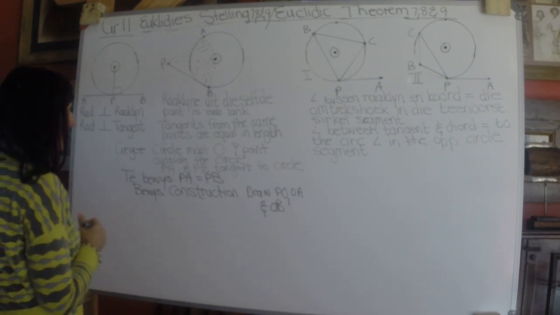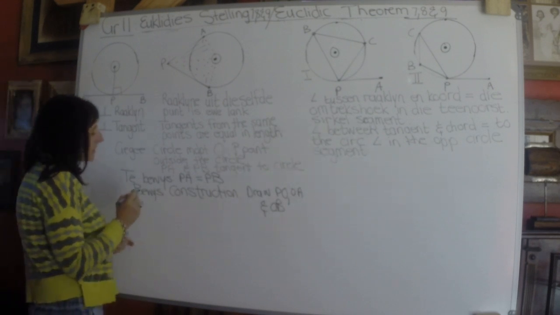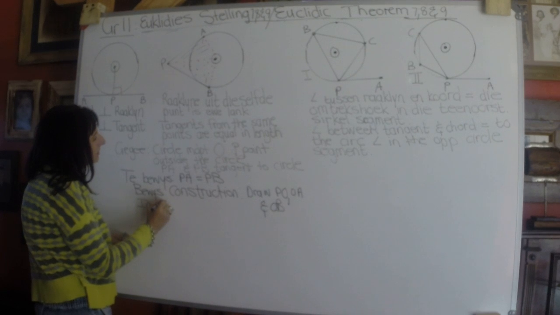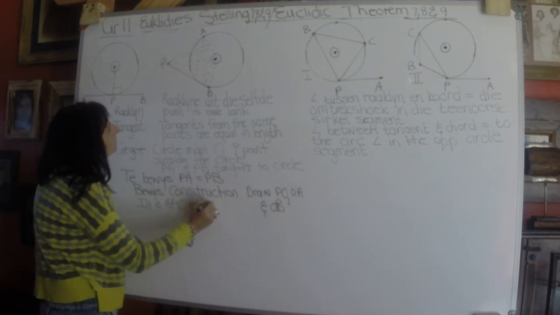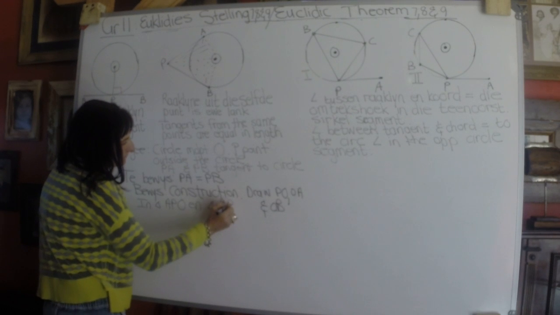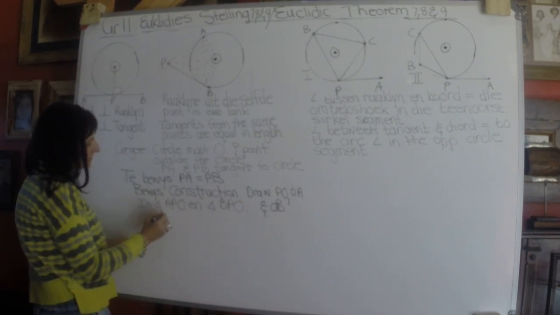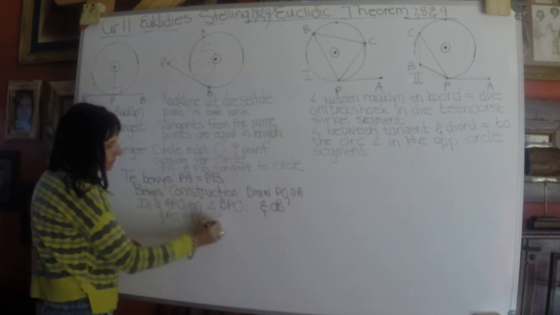En as ons kongruensie bewys het, dan kan ons sê AP moet gelyk wees aan BP. So ons gaan sê, in driehoek APO en driehoek BPO het ons, nommer 1. We've got PO that equals PO, that's common.